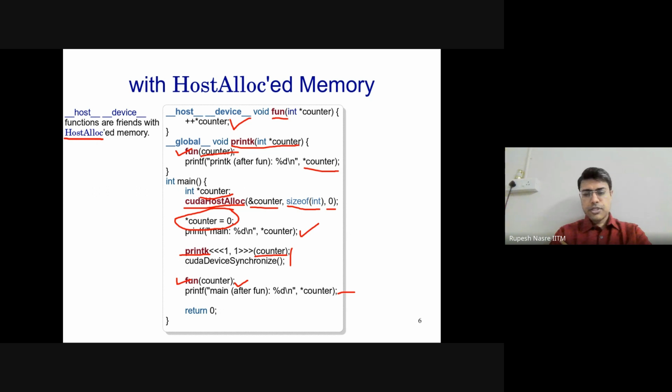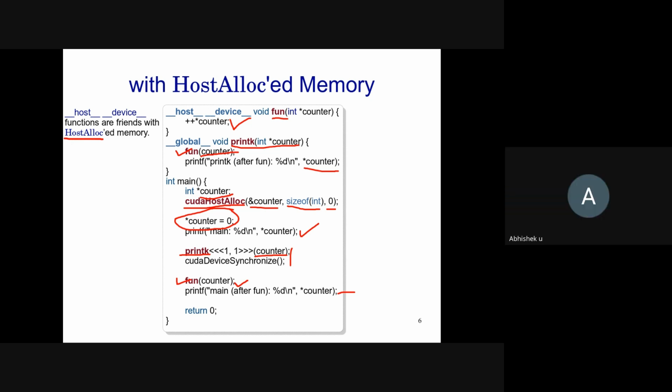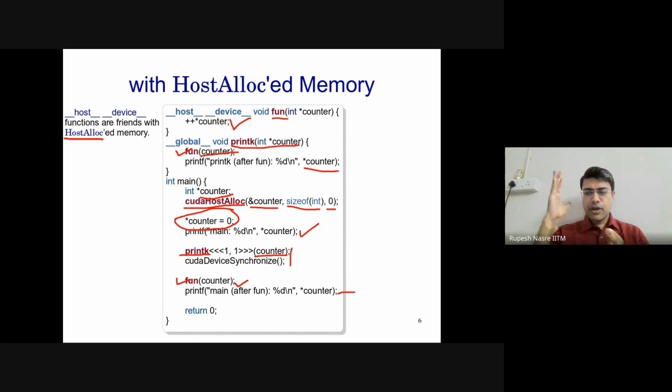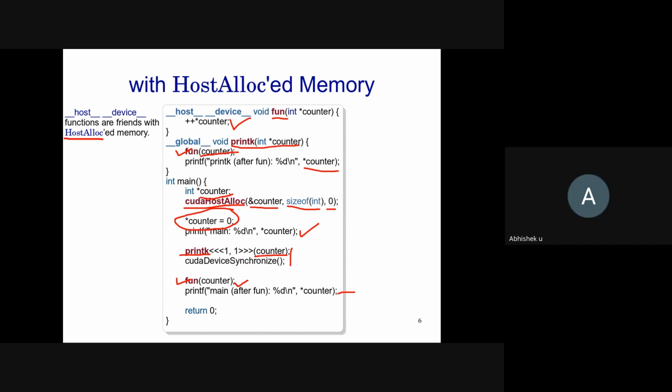That is correct. These pinned pages will add some sort of inconsistent behavior, but that will not change the total store order. It will still remain within the TSO order. You are increasing one level of the cache, but that doesn't mean that you are creating a problem with respect to changing the consistency. Okay, sir.